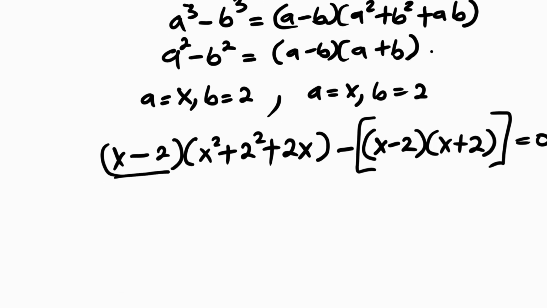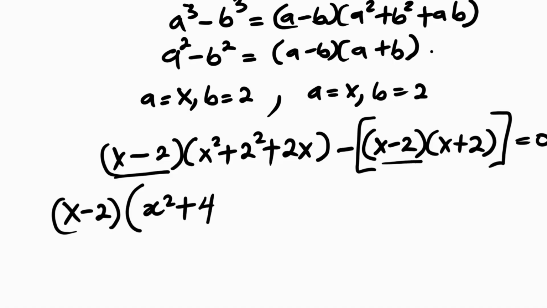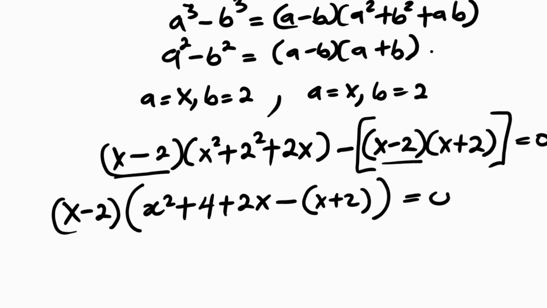Now we see x minus 2 are like terms. We can factor x minus 2 out. So this becomes (x minus 2) into (x^2 plus 2^2, which is 4, plus 2x, minus (x plus 2)) equals 0.